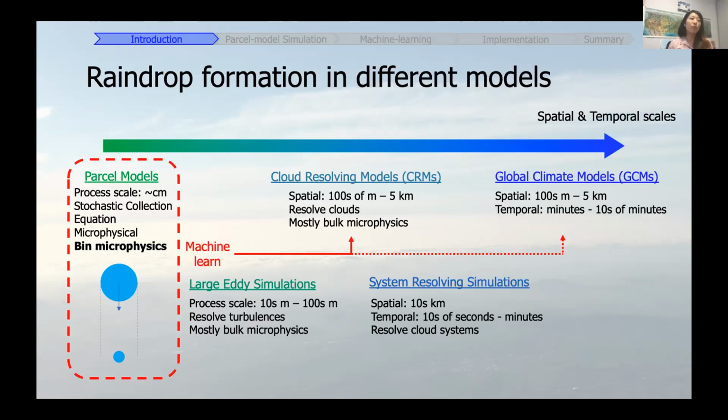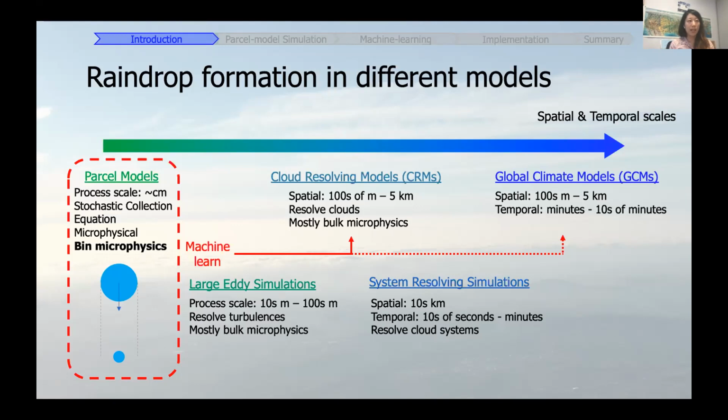So even without actually doing the bin microphysical calculations, they can still get raindrop formation rates as similar as possible to what's actually calculated in those Parcel models. So this is the idea of this study.